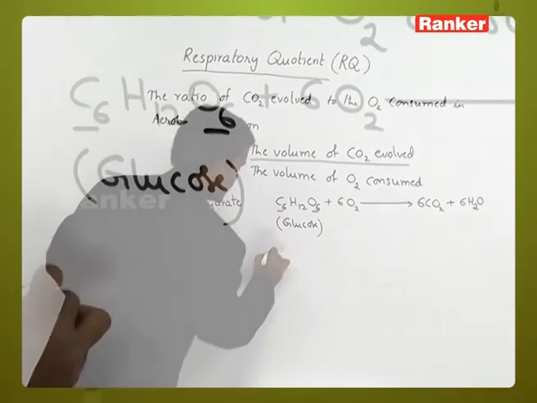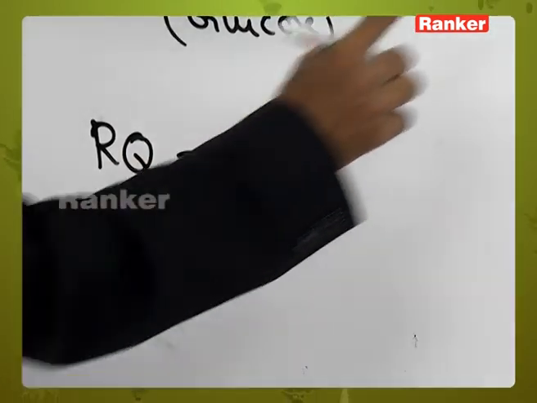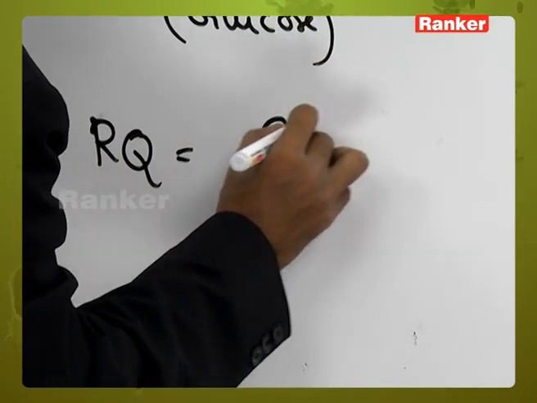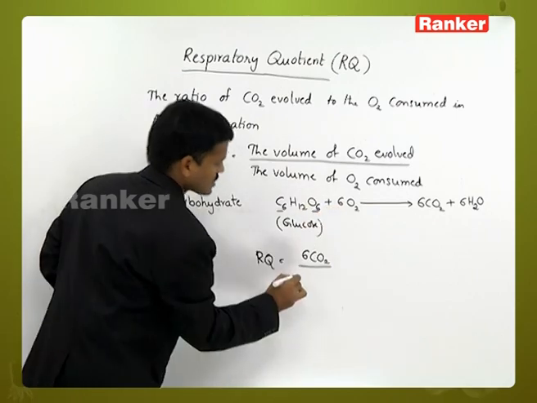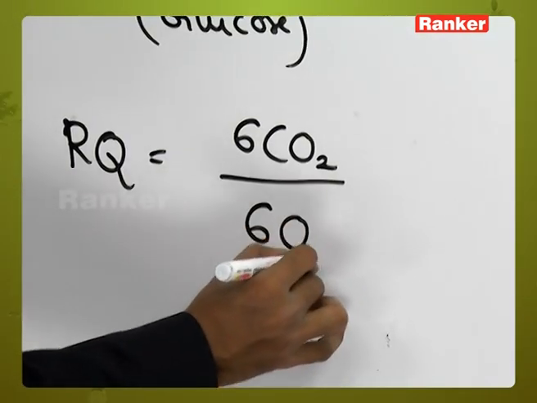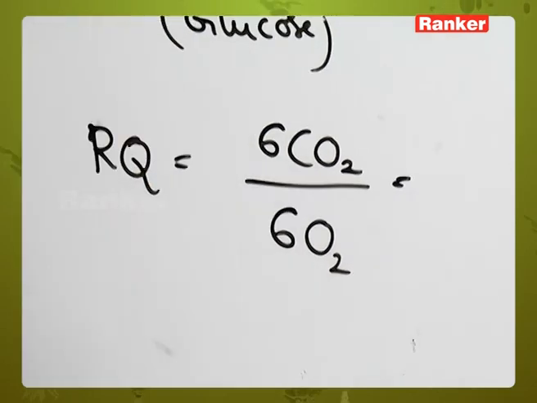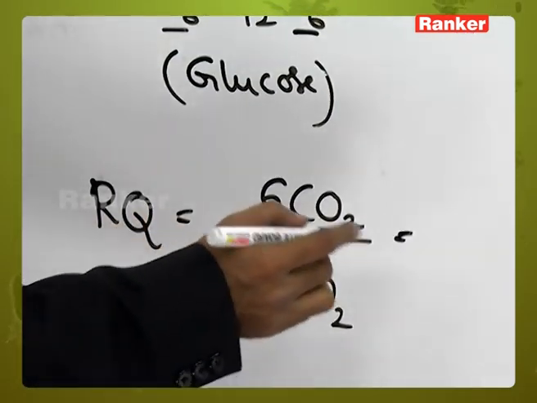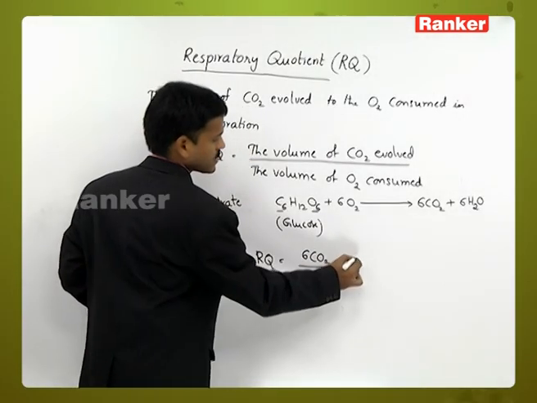For the RQ of carbohydrates, 6 CO2s are evolved and 6 oxygen molecules are consumed. The same number of carbon dioxides are evolved as oxygen molecules consumed, so the ratio is 1 for carbohydrates.